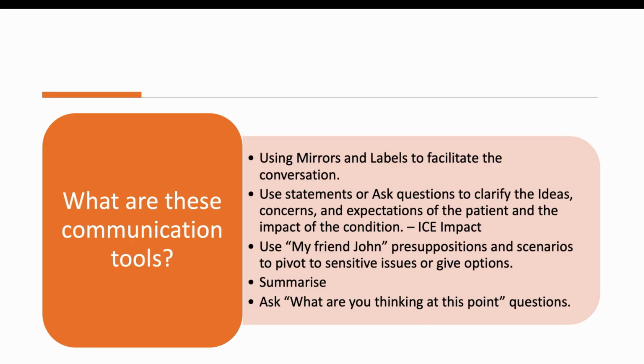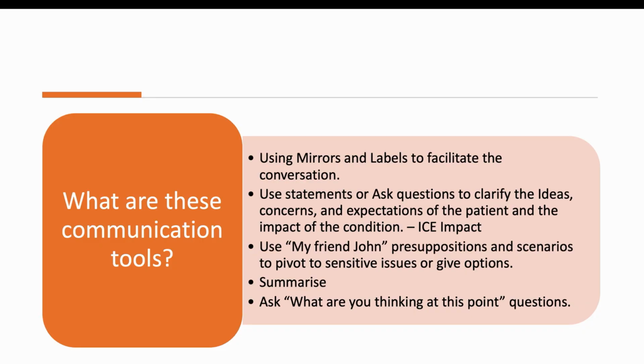The fourth skill is summarize. We'll show you how to summarize. And the fifth skill, slightly nuanced, but it's how to ask what are you thinking at this point questions. These are the 5 tools that when used consistently in a conversation, you are likely to achieve a conversational consultation.